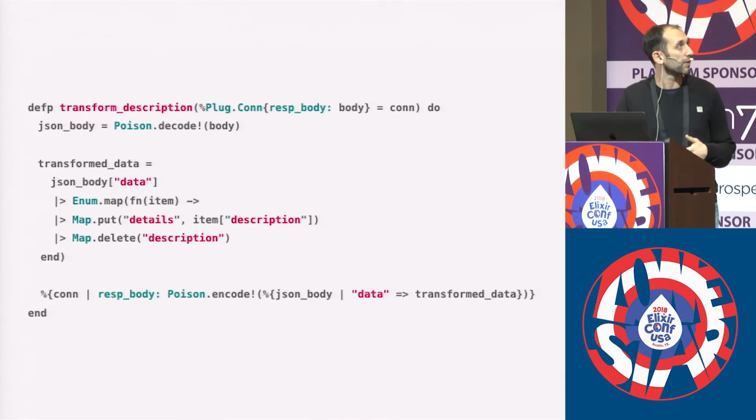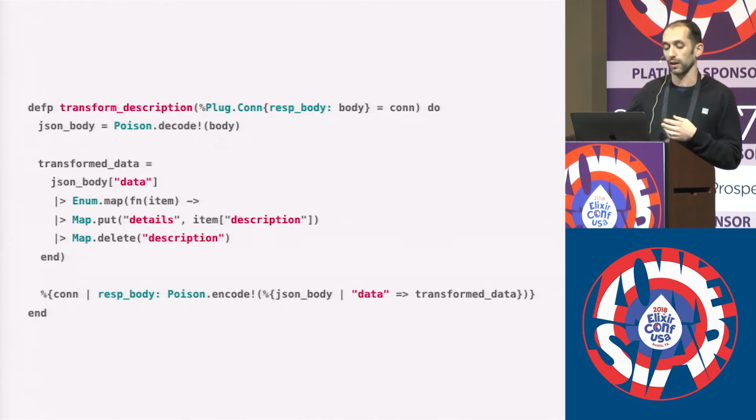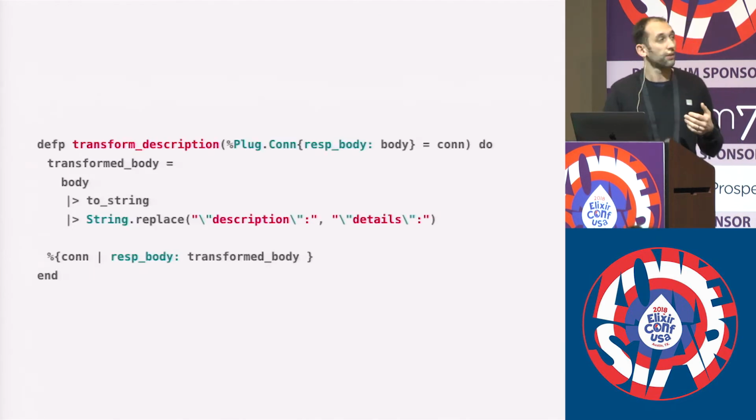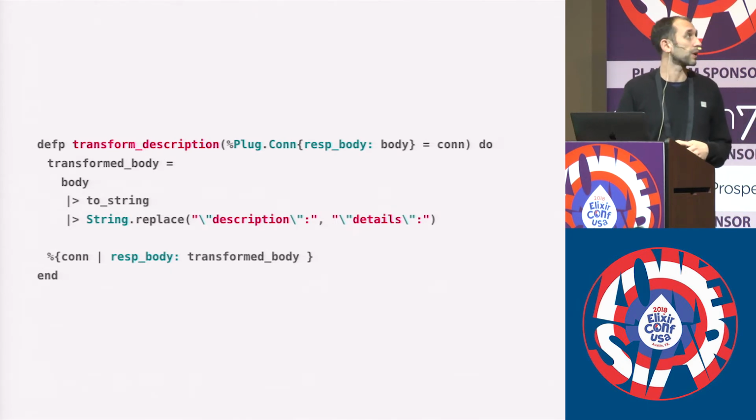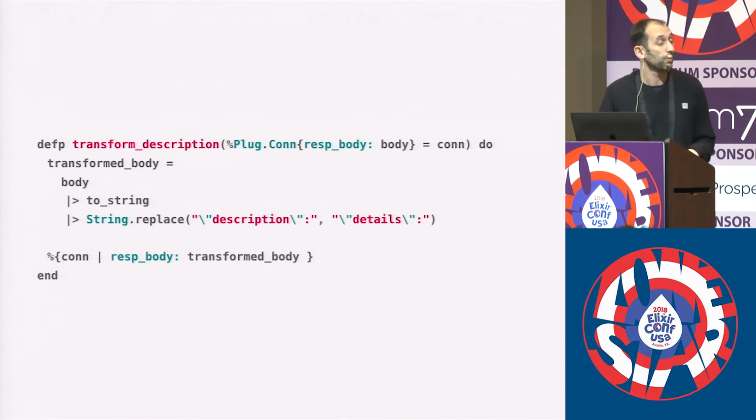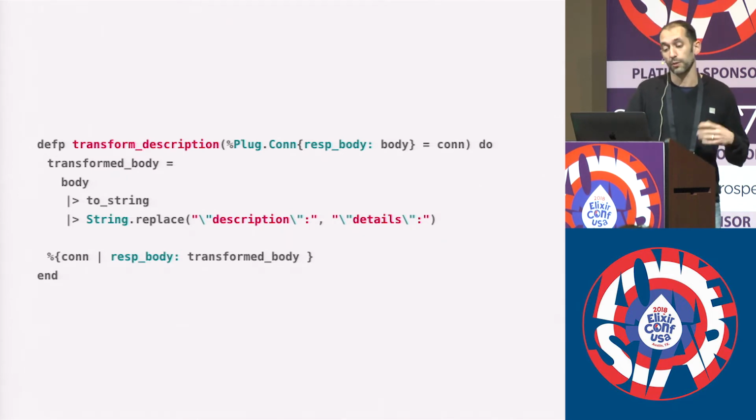What this does is it decodes the response, swaps out the parameter, so it swaps details for description, and then puts it back in, and sends the connection on its way. Because this is just JSON, we can actually not bother with decoding the response. We can just do a regex replace, swap description for details, and send the response on its way. So this is just how we transform our response from the latest version to an older version.